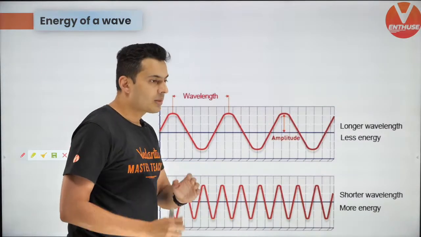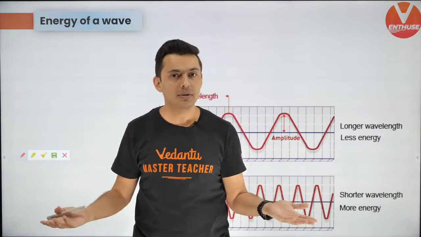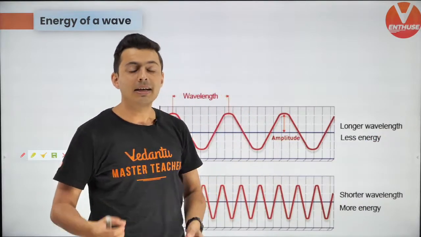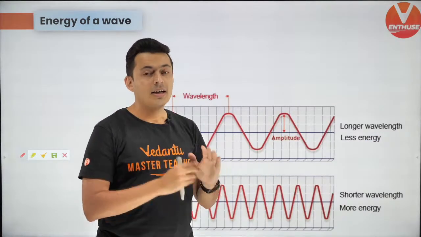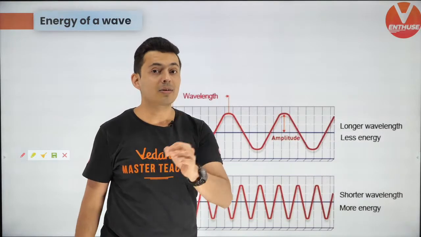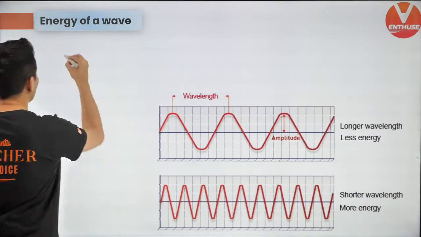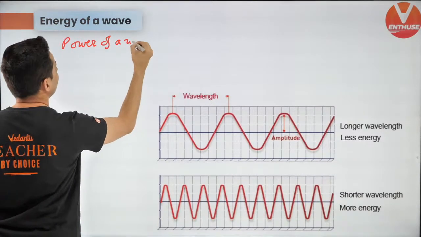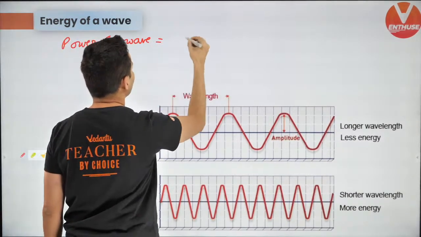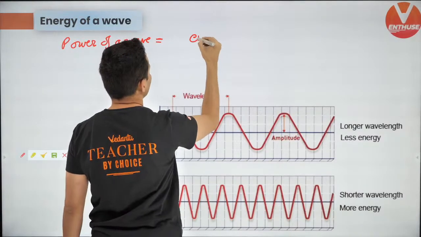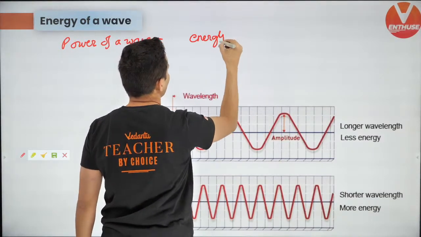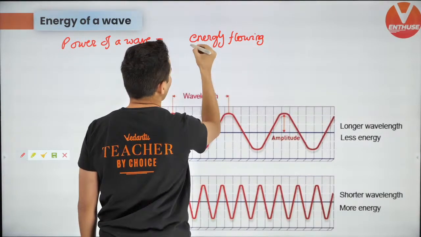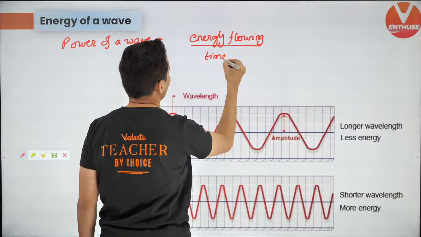Energy of a wave. Whenever a wave moves, what does it do? It takes energy from one point to the other point. So basically, every wave carries energy. The rate at which it carries energy is called the power of the wave. Now, the power of a wave is basically the energy flowing per unit time.